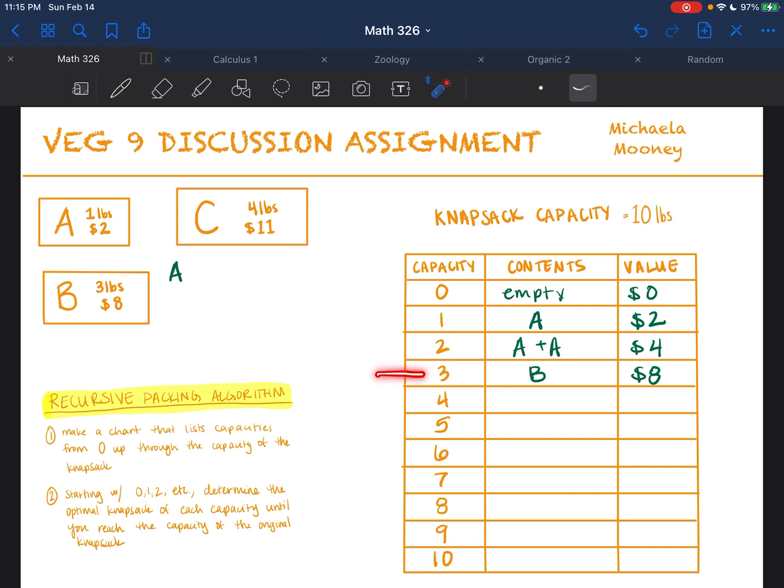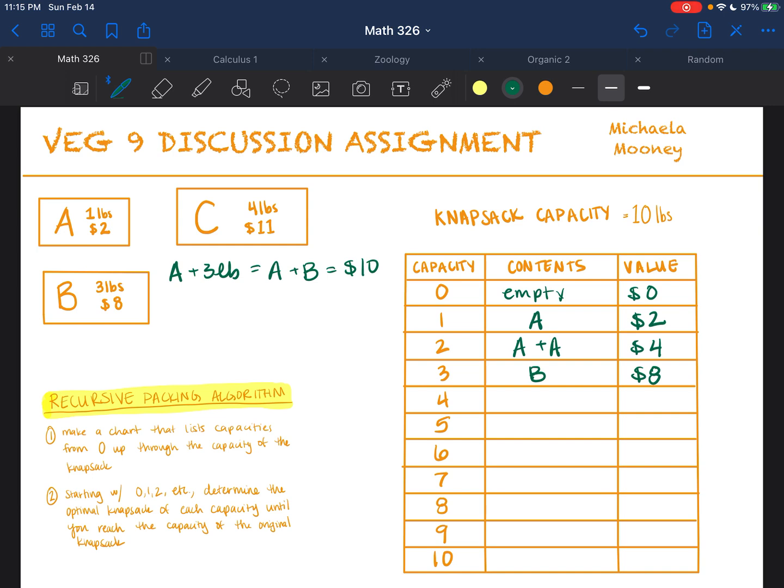And so we look at the optimal capacity for the 3 pound, which we just found last time is B. So we're adding 3 pounds. And that means we are doing our original A plus B. And that equals $8 plus $2 is $10.